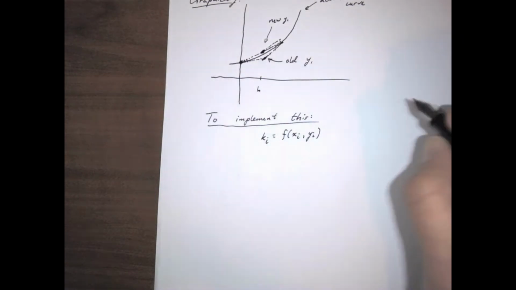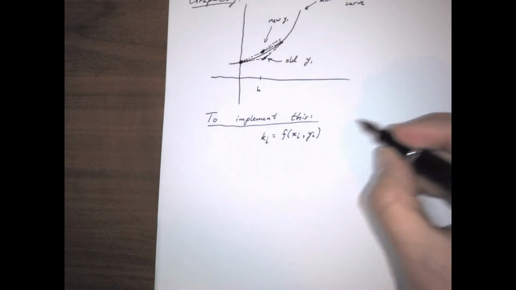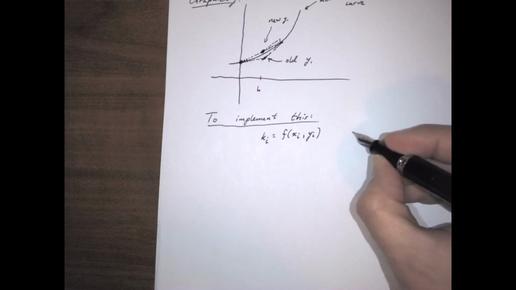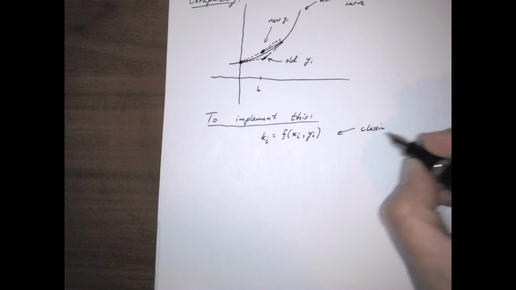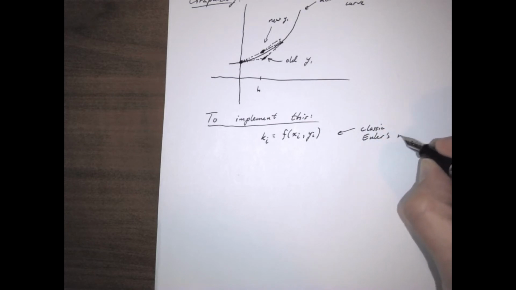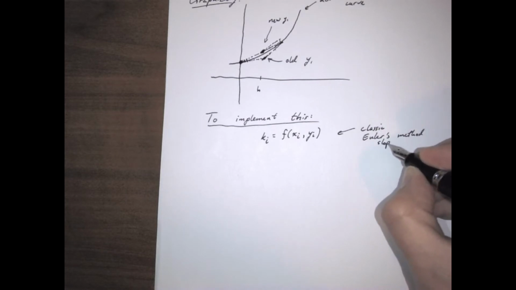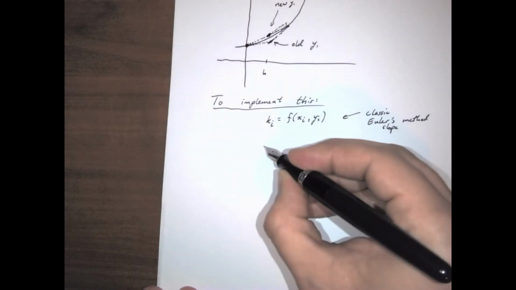And then we can use, so this is classic Euler's method slope. Use this to get an estimate of the new y value.